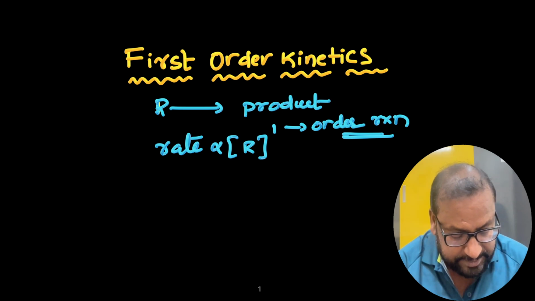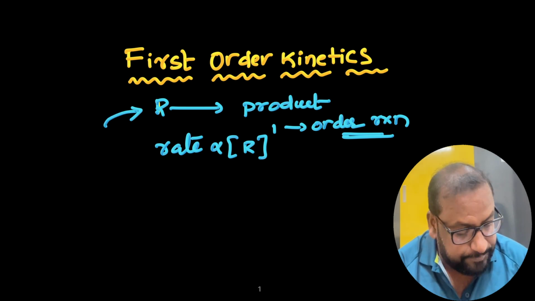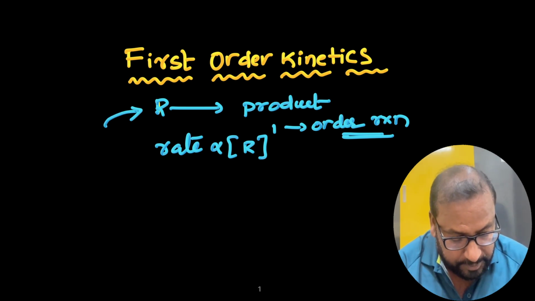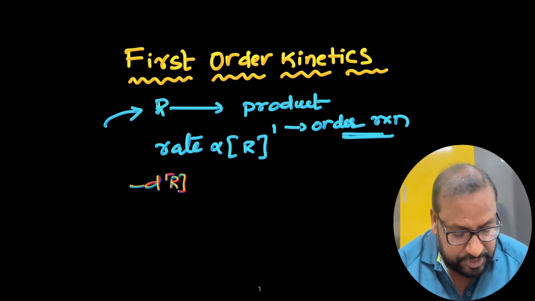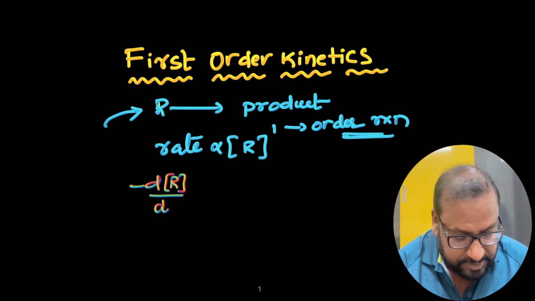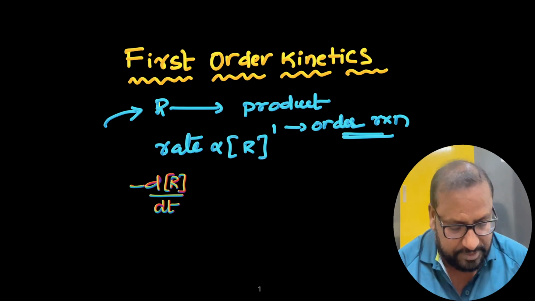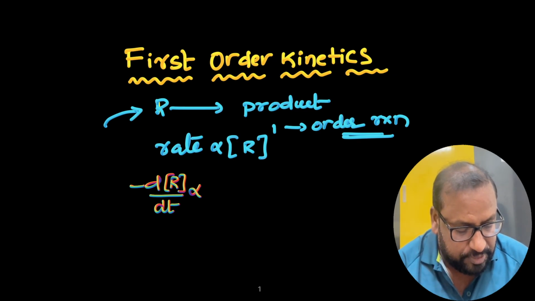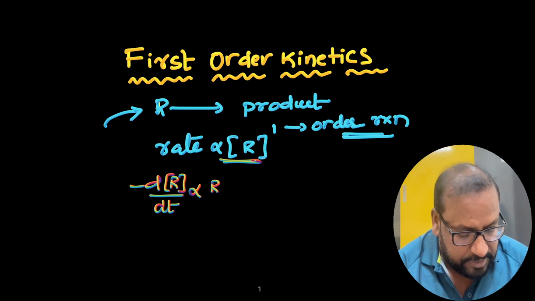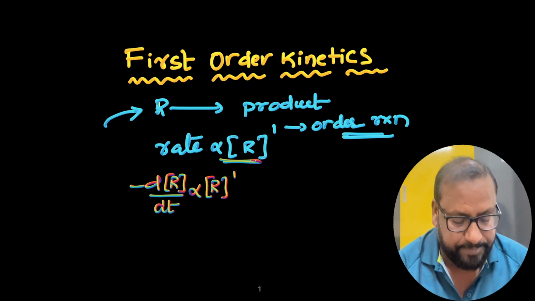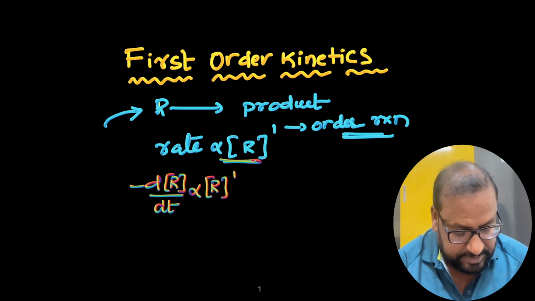So for this case, generally we write rate as the change in concentration of R with respect to time, that is minus dR by dt, which is directly proportional to R to the power 1. Let us reorganize the terms here.